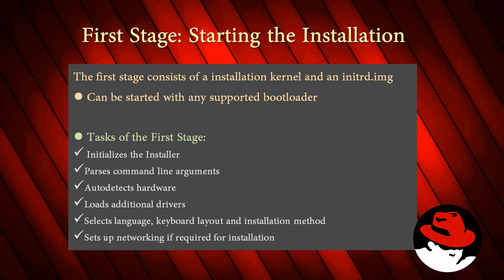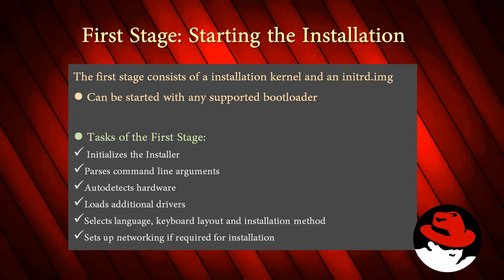The first stage is the starting of the installation. It consists of installation of the kernel and initrd, the init RAM drive .img file. It can be started by any supported bootloader like GRUB, the Grand Unified Bootloader, the Linux bootloader, and so on.